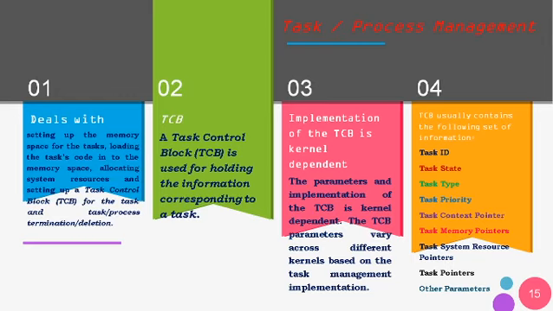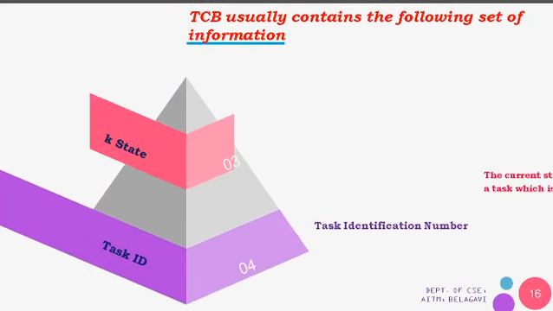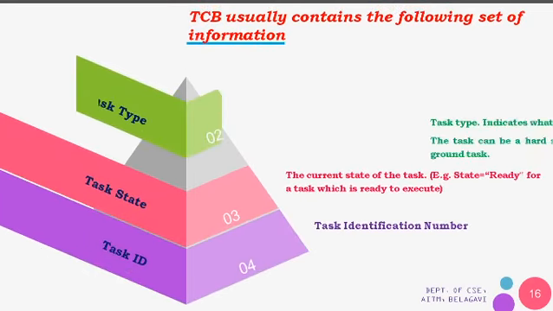A TCB usually contains the following set of information: the task ID, the task state, the task type, the task priority, the task context pointer, the task memory pointers, the task system resources pointers, task pointers, and other parameters. Now we'll see in detail about the TCB. The task ID contains the task identification number.